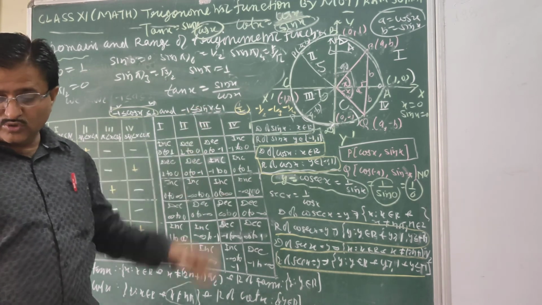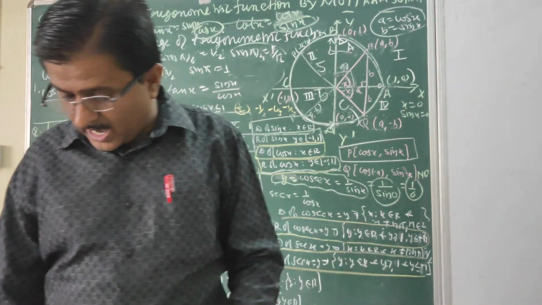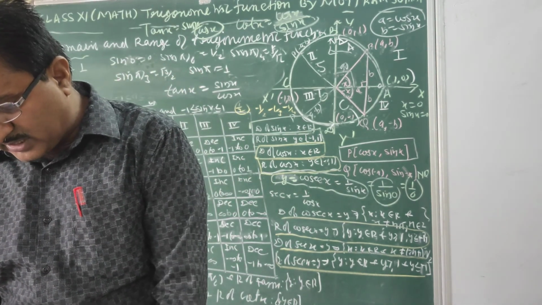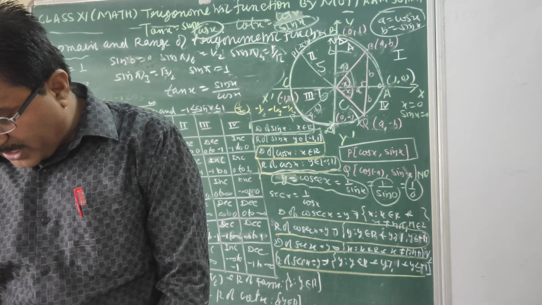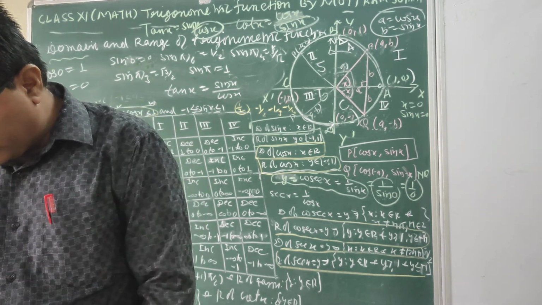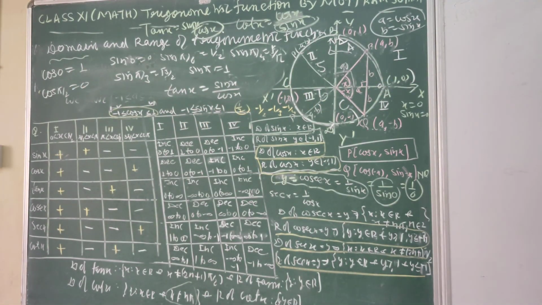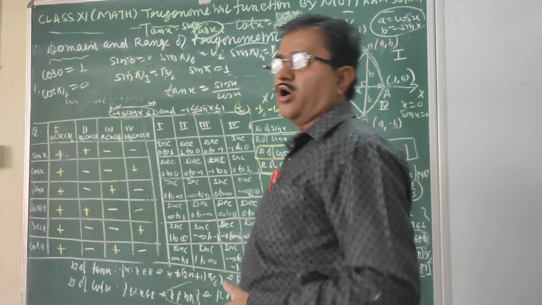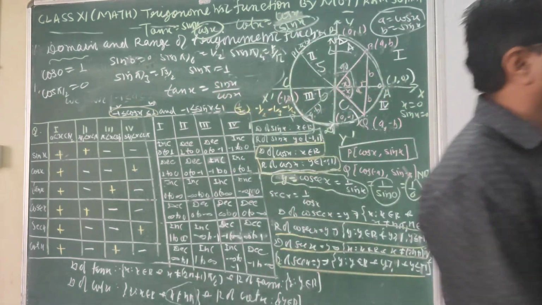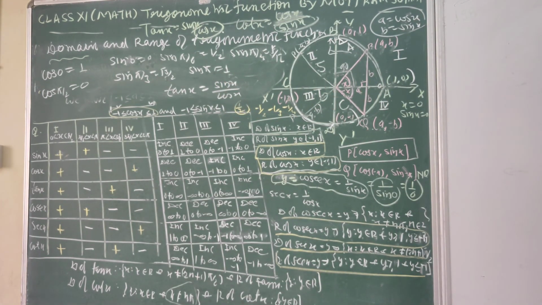Clear? We may discuss this later. After that, we have some examples in the next video, and after that the derivation of formulas. In trigonometry, formulas play a very important role.